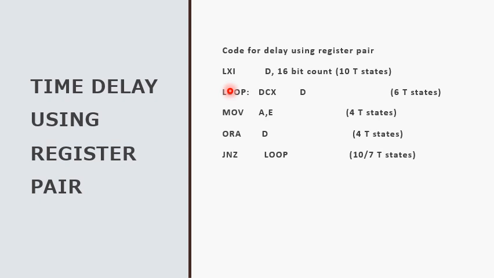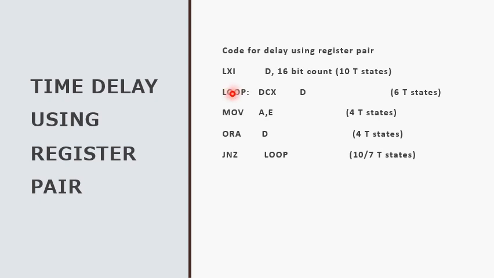The instruction MOV A, E moves one data to the A register; here we are moving the content of the E register to the accumulator. The instruction ORA D performs a logical OR operation between the accumulator and register D. This instruction sets the 0 flag only when the contents of D and E are simultaneously 0.